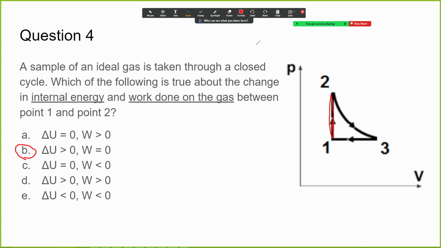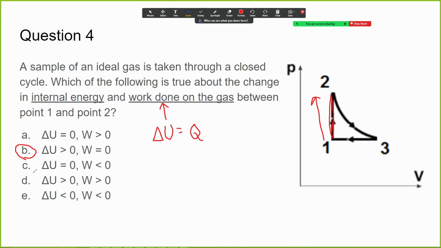But if you really want to think about it, you could sit here and calculate the change in internal energy, because if there's no work done on the gas, that means that the change in internal energy is going to be equal to Q. And if we're heating the gas up, which we know to be true because volume is not increasing but pressure is, that must mean that temperature is also increasing.